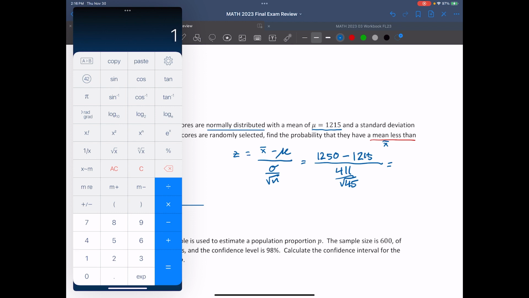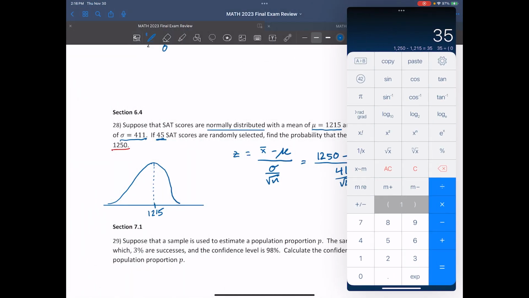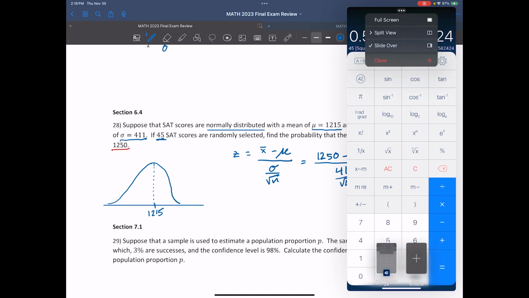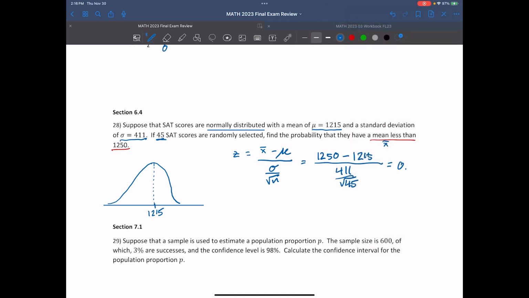So 1250 minus 1215, equal, that's our numerator. Then we're going to divide, but I'm going to open a parentheses and do 411, our standard deviation, divided by the square root of 45, close my parentheses, hit equal, so 0.57. So that right there is my z-score.